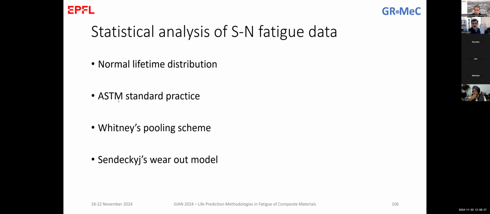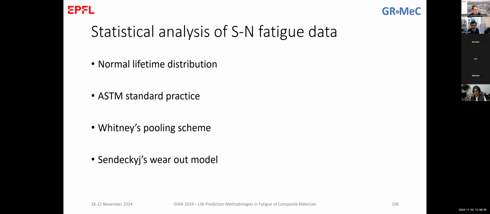And then for composites, we've seen in the 1980s, actually these were 2 papers in the same STP, standard testing procedure from ASTM, where both Whitney and Sendesky suggested methods to improve, if you like, the statistical analysis of composites.